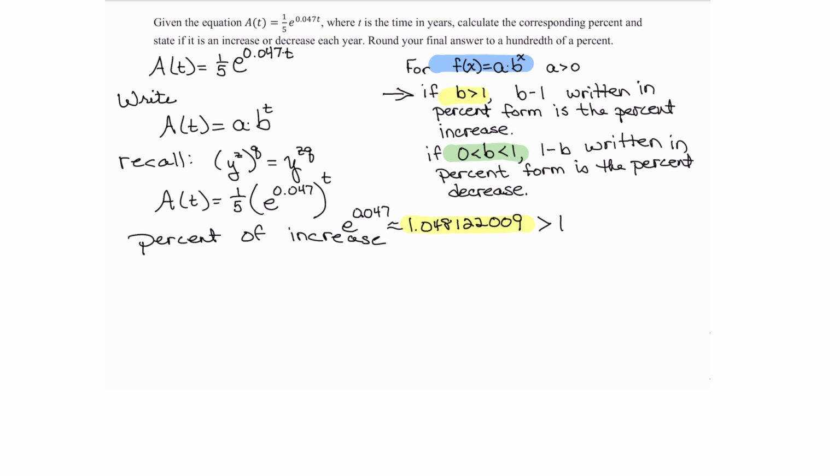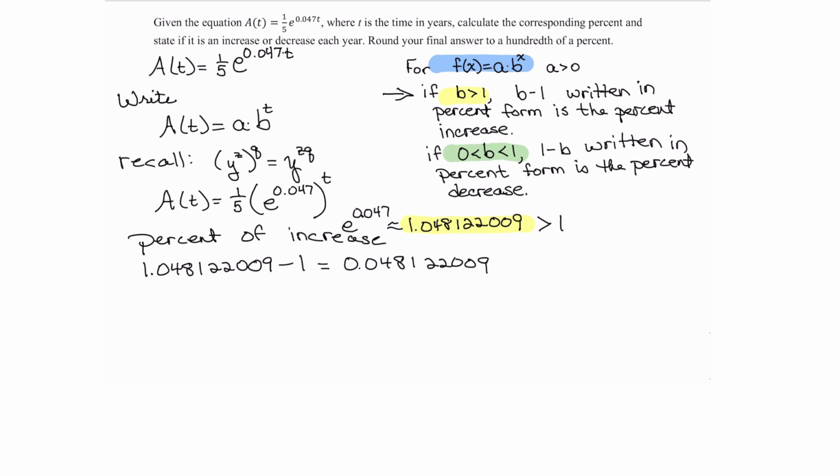Our percent of increase we find by taking that number and subtracting 1. So that gives me 0.048122009. And I want to first write this in percent form before I round it to the required rounding.